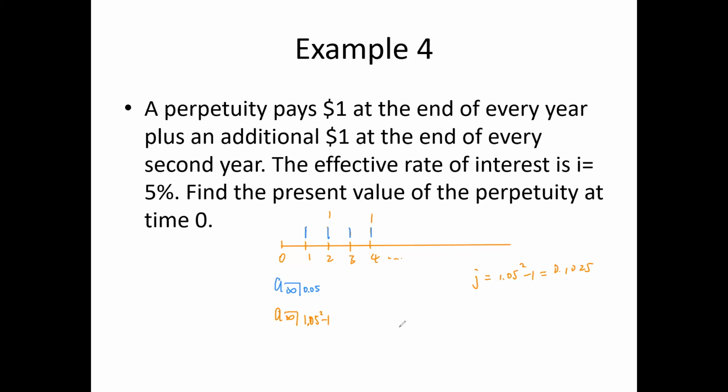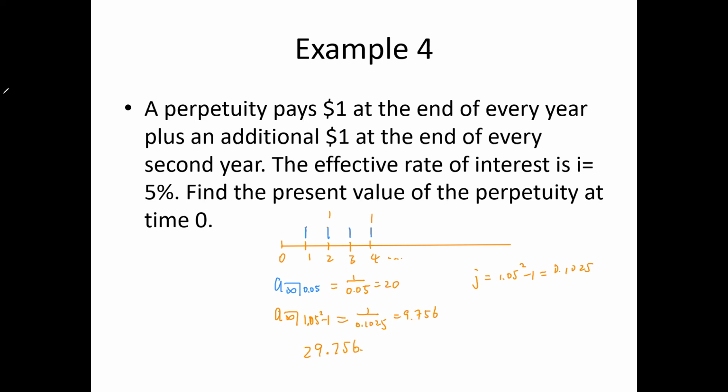The first is 1 over 0.05, that's 20. And this one is 1 over 0.1025, that's 9.756. Add them up: 29.756.